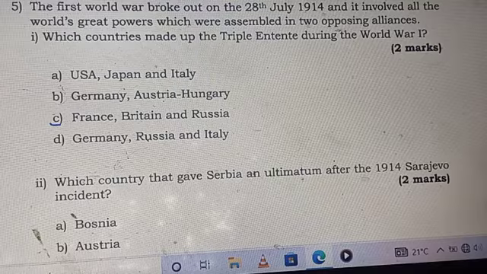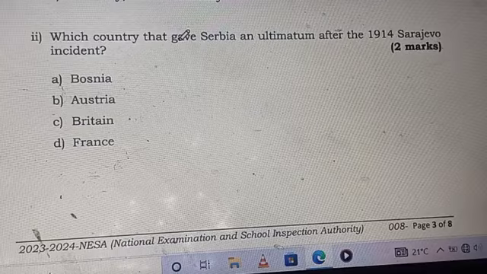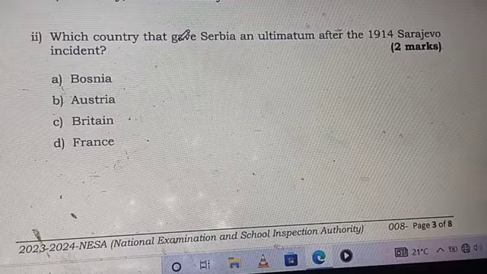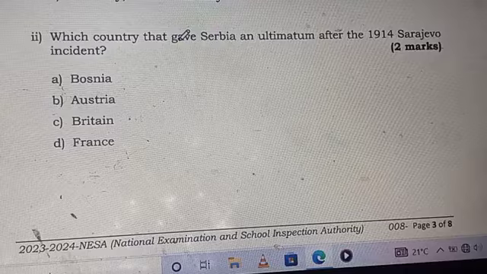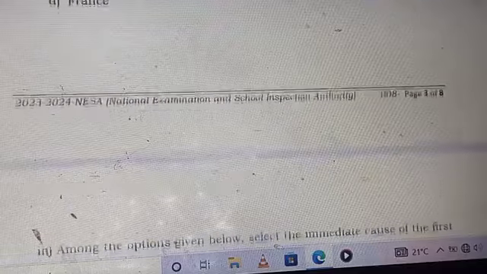I2. Which country gave Serbia an ultimatum after the 1914 Sarajevo incident? The correct answer is letter B: Austria. Let's continue to the next.